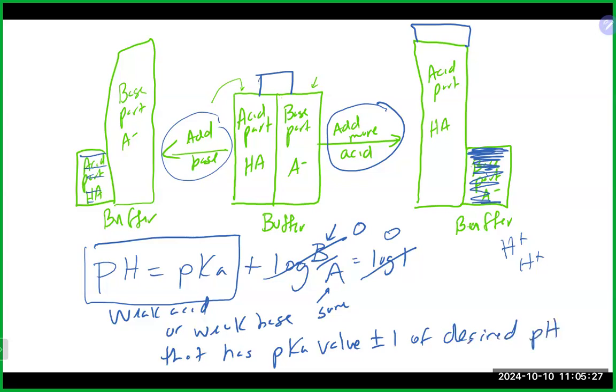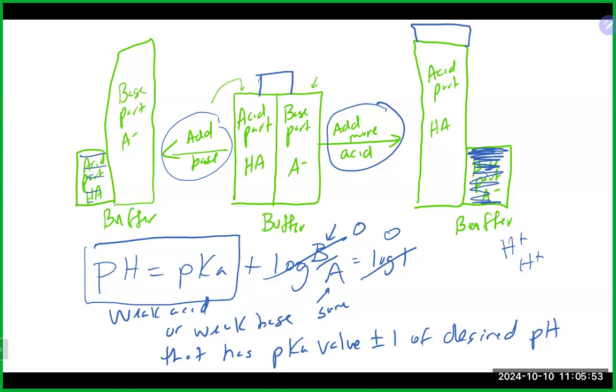So ideally, you want to find a weak acid or weak base that is really close to the pH of the buffer you want to make. But ideally, plus or minus 1 will work. Some are better than others. The further away you are, for example, in the pKa value from your desired pH, could you get the buffer made? Probably would be really effective, probably not as effective as choosing something that's much closer.